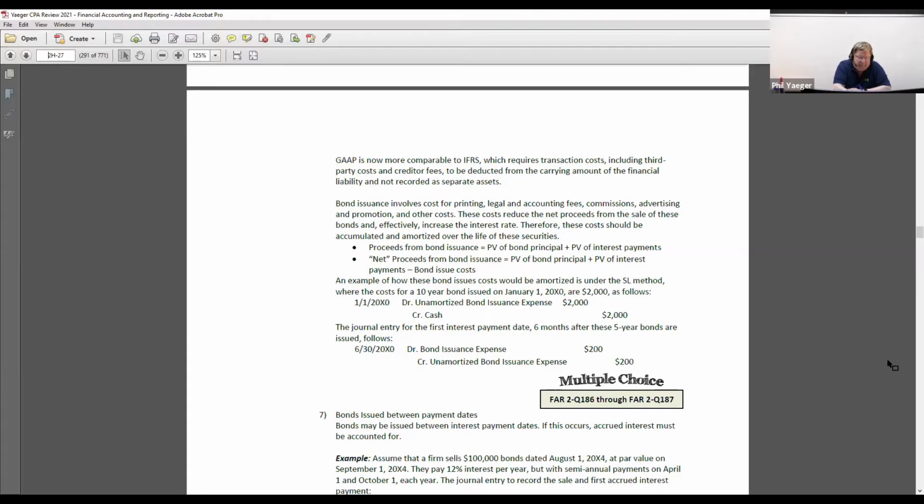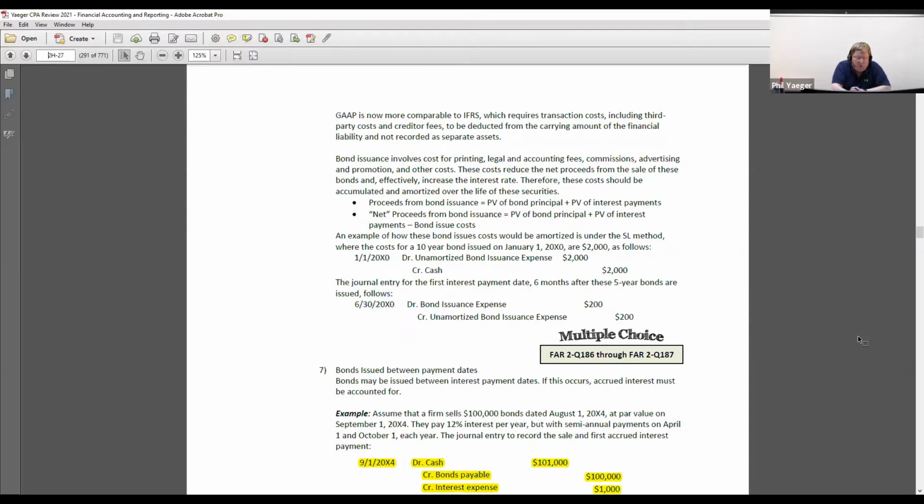Do corporations always issue bonds on the date of the contract? Usually the date of the bond contract is the date they announce that they're going to issue bonds. Now, do you think they're going to sell the bonds all on the date they announce it? No. Let's assume that on the date they announced the bonds, there were 60 months until maturity.